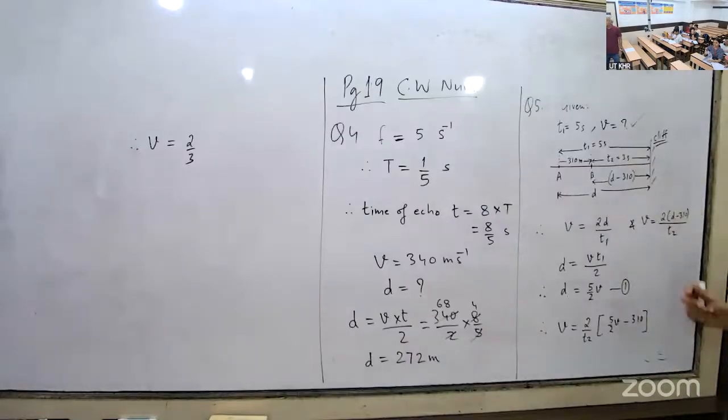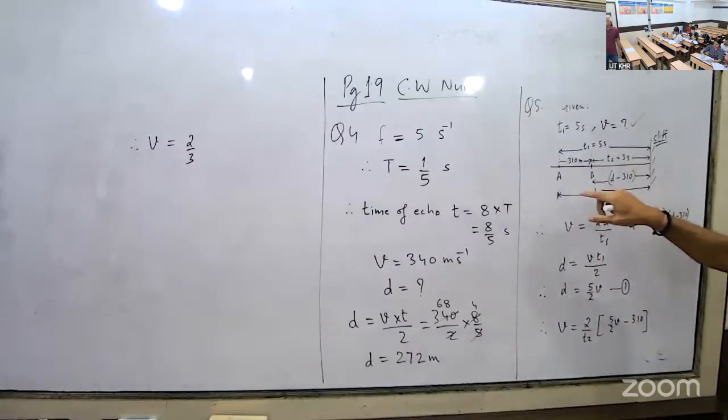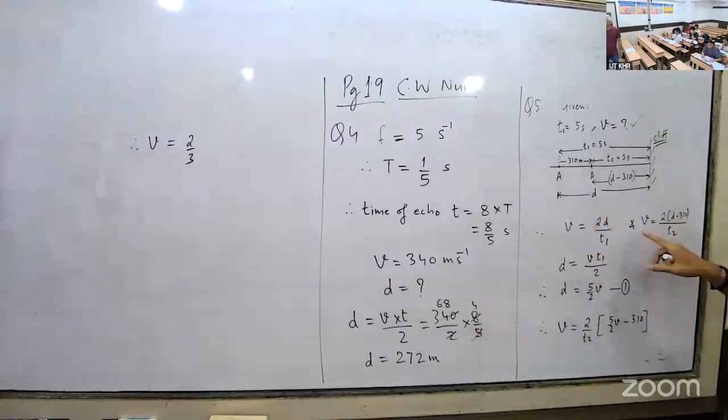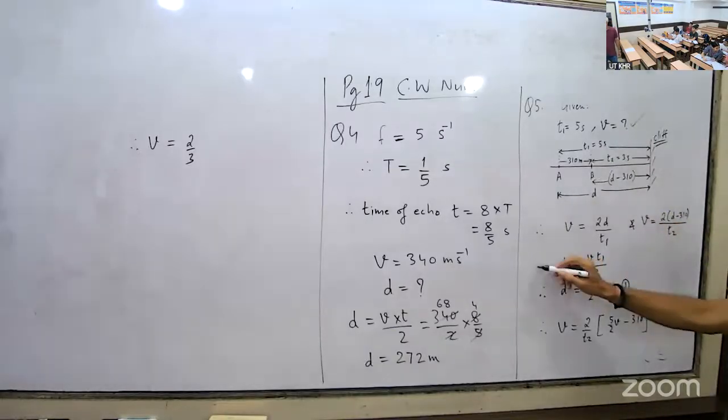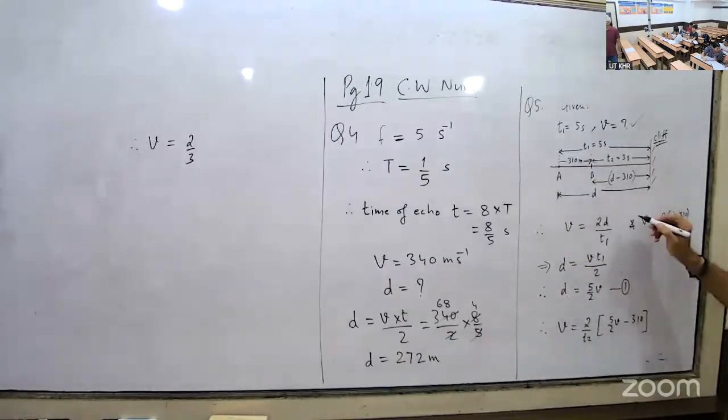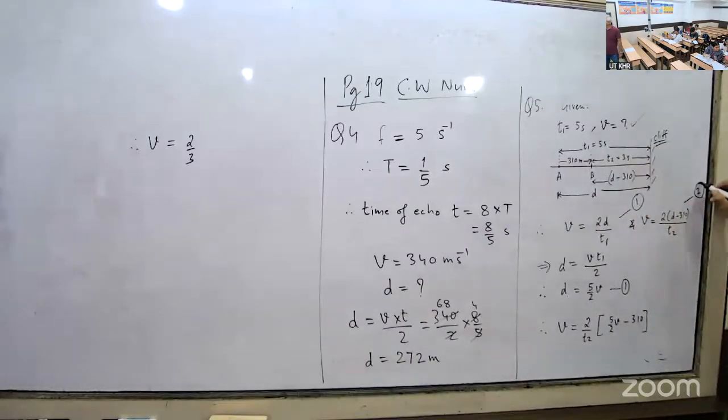We will use this formula for the two cases, for position A and position B. In both cases, the speed of sound has to be same. So we'll get two equations for speed of sound. Let's call the first equation 1, the second equation 2, and the third equation 3.